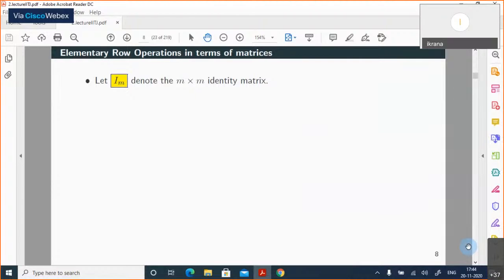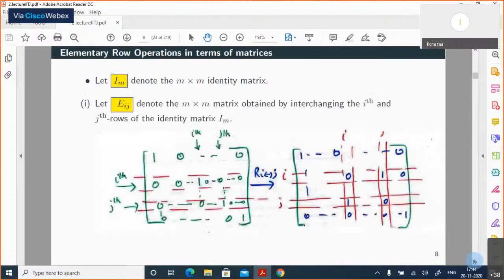So for that, let us define the matrices for the row operations. For a matrix of order m cross n, the identity matrix will be denoted by Im, the matrix of order m by m. Let us write Eij.